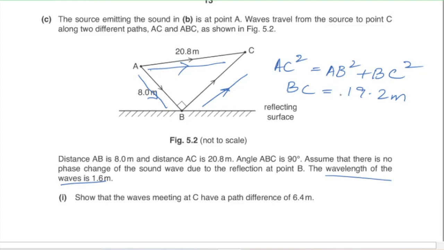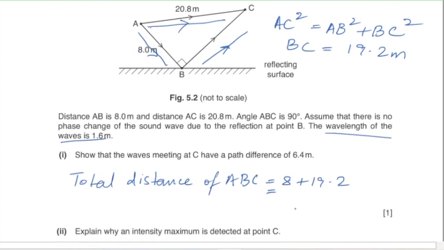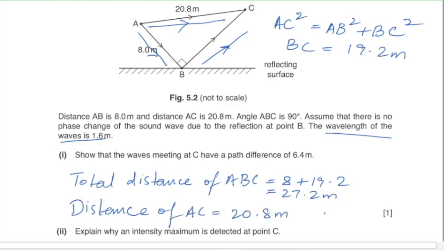Now the total indirect distance of ABC is equal to 8 meters plus 19.2 meters, which is equal to 27.2 meters. And the distance it covers directly from A to C is equal to 20.8 meters. Now the path difference is basically the difference between these two distances. So path difference is equal to 27.2 minus 20.8, and this is equal to 6.4 meters.